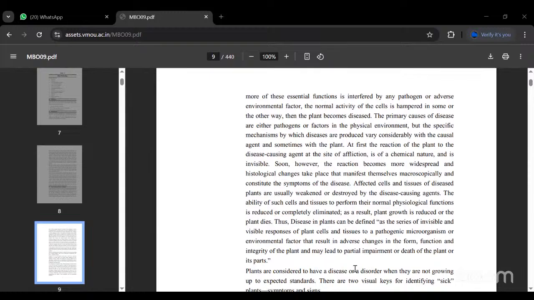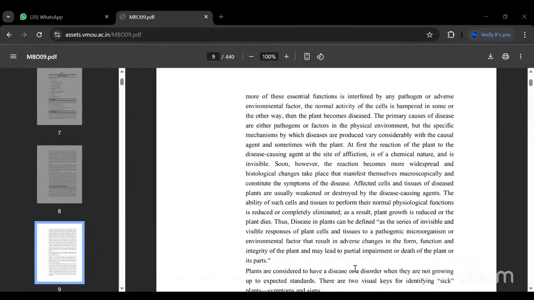The ability of such cells and tissues to perform their normal physiological functions is reduced or completely eliminated. As a result, plant growth is reduced or the plant can die.